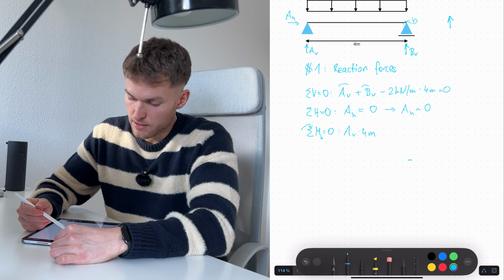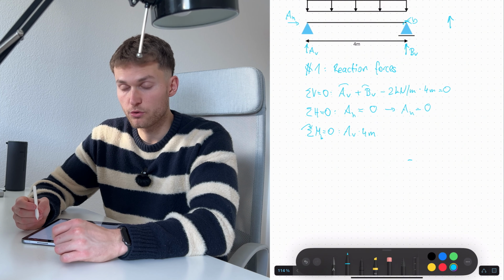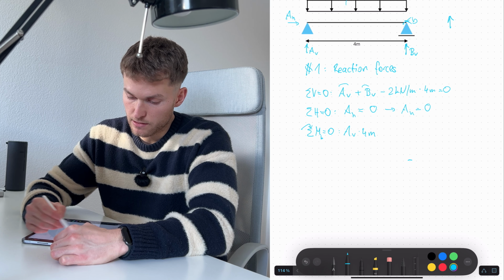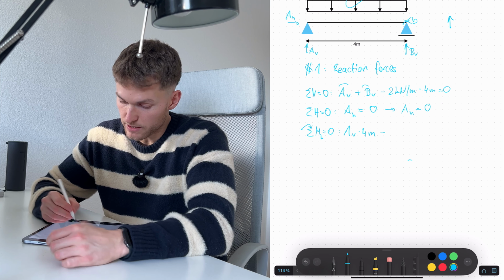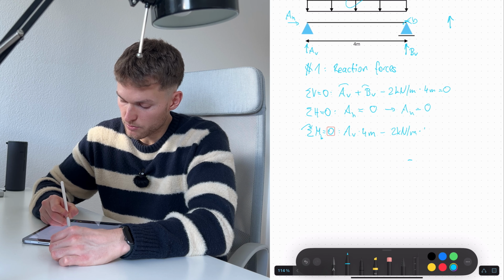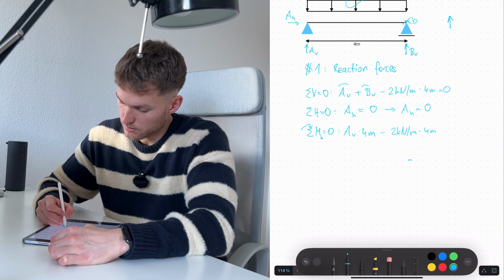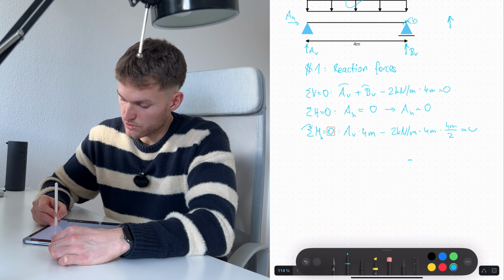We don't have BV because it's in the point where we do moment equilibrium. And then we have our line load, which we subtract, so 2 kilonewton per meter times 4 meters, but then only half the distance, times 4 meters divided by 2, equals 0.